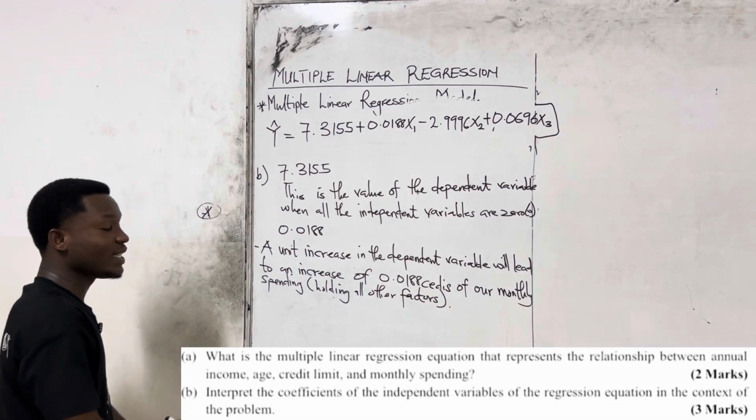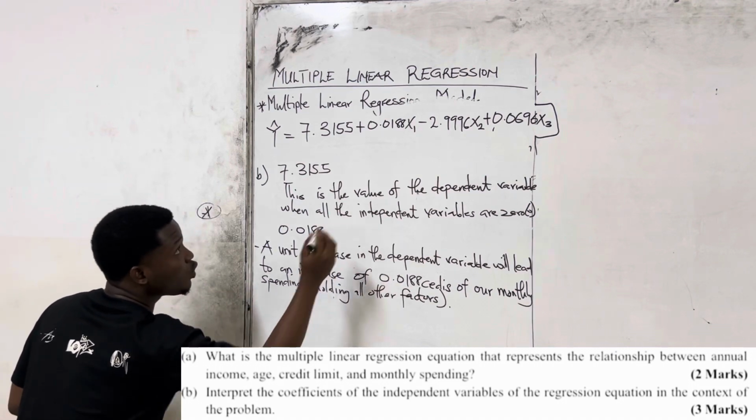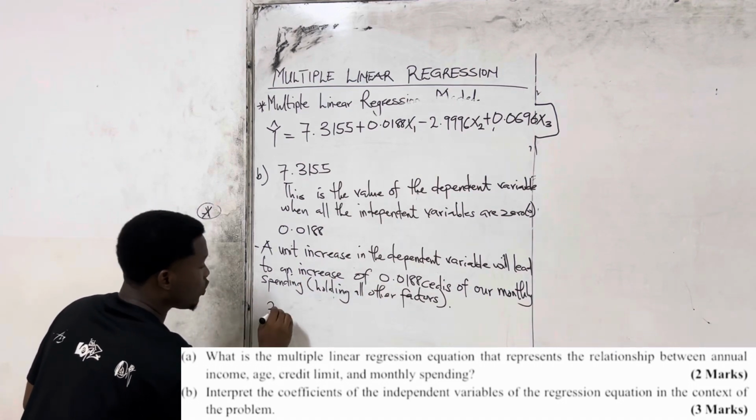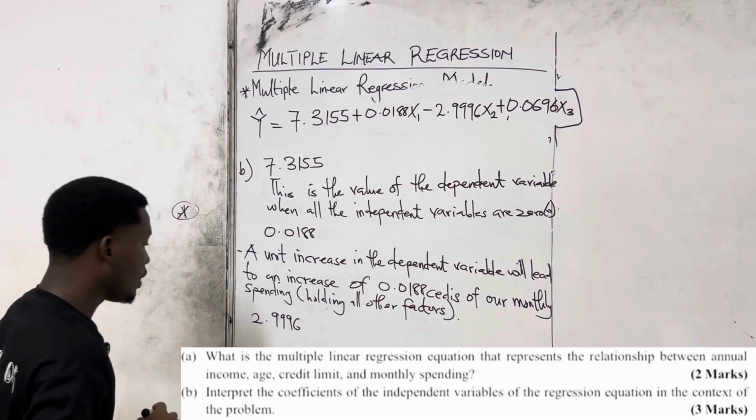Now let's go to the age. The age has been given to us in years. So we have the age to be 2.9996. It has been given to us like this.